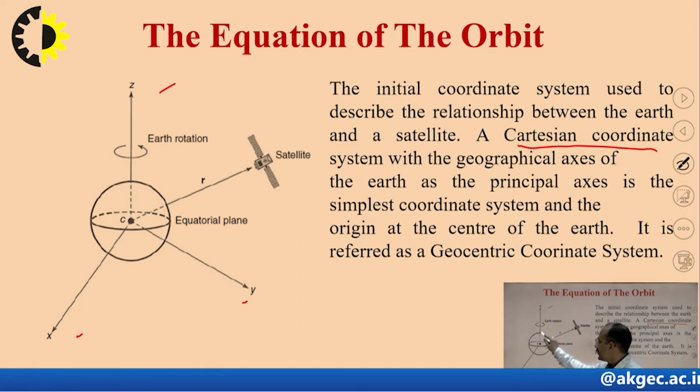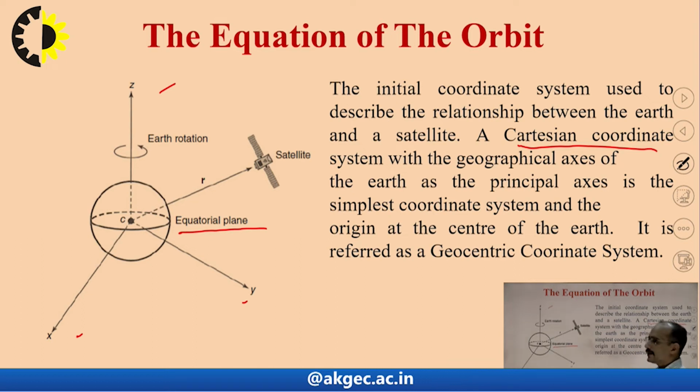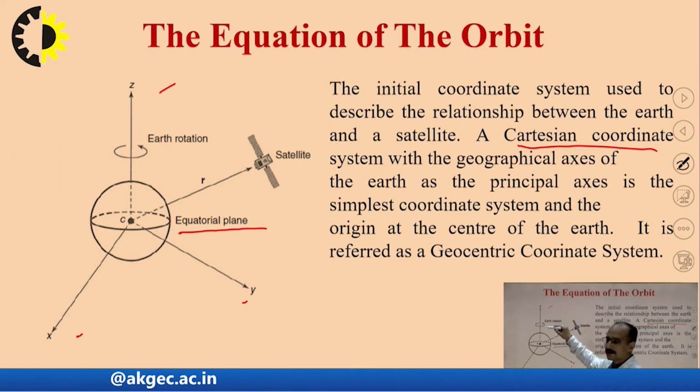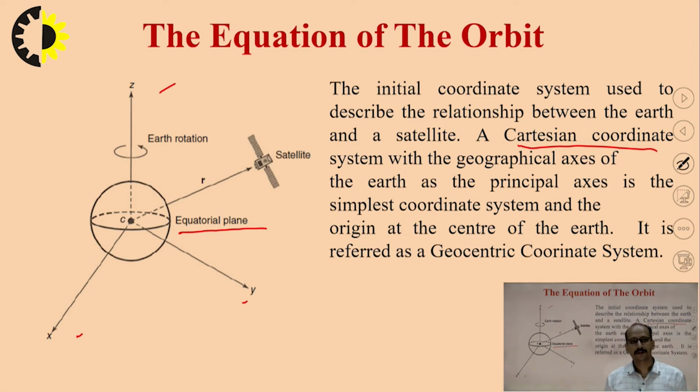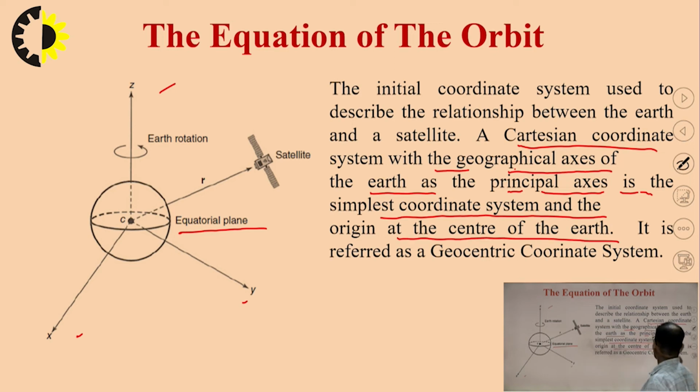This is the earth, this is the equatorial plane of the earth, which lies in the xy plane, and the rotation of the earth is explained through the z axis. The rotation axis is the z axis. So the initial coordinate system used to describe the relationship between the earth and a satellite is a Cartesian coordinate system with the geographical axis of the earth as the principal axis, the simplest coordinate system, with the origin at the center of the earth, referred to as a geocentric coordinate system.